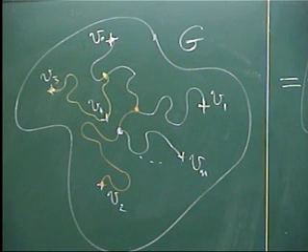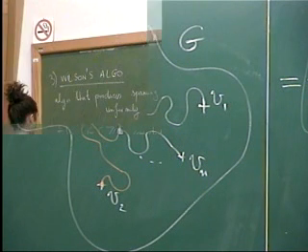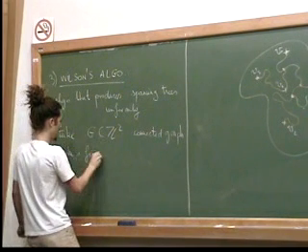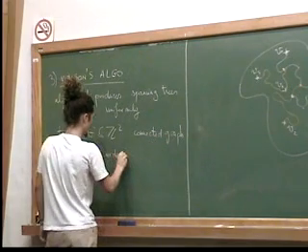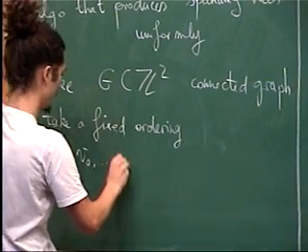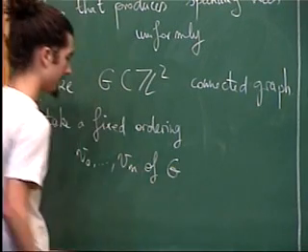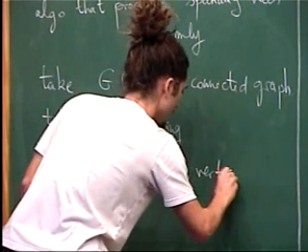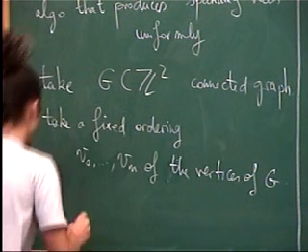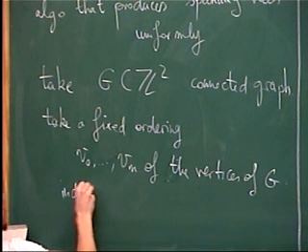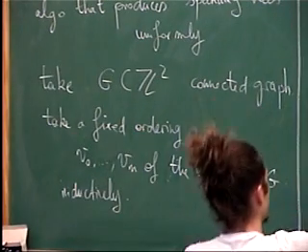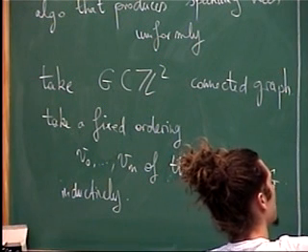So this is the Wilson algorithm. Let's make it precise quickly. Take a fixed ordering V0 up to Vm of the vertices of G, and define inductively: A0 will be the first set we had, V0.